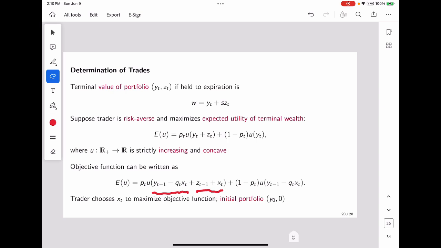And you need some initial value, some initial portfolio, and we denote the initial cash position by Y0. And in the beginning of this process, this virtual trader has no contracts. So Z0, the initial amount of contracts that you have, is 0. Once you have specified an initial portfolio, you can then iterate this process and you get the trading in each period that depends on the prices that are observed and depends on the inherited portfolio from the previous period.